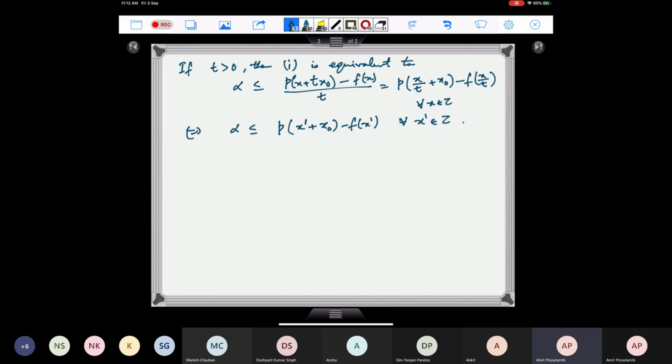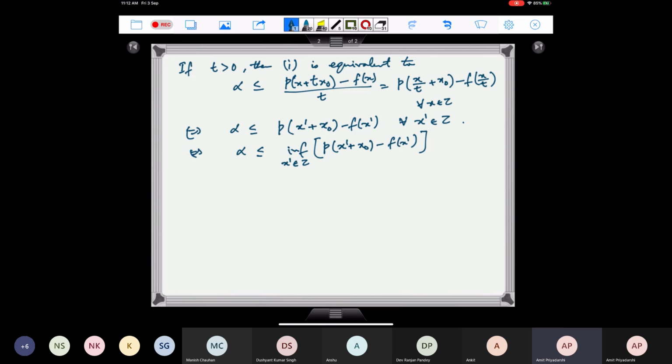So this will be equivalent to alpha is less than or equal to, if we take the infimum, p of x prime plus x naught minus f of x prime, where x prime belongs to Z. If alpha is less than or equal to this infimum, then alpha will be less than or equal to this for every x prime.